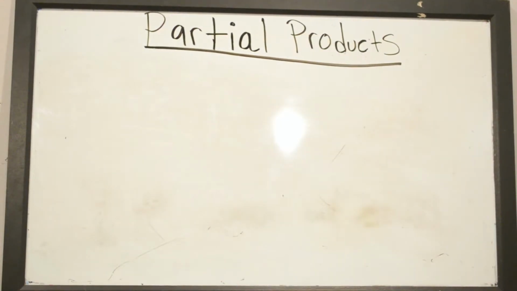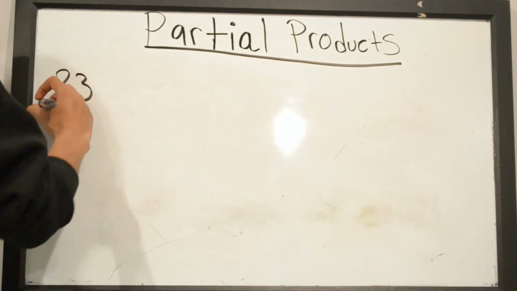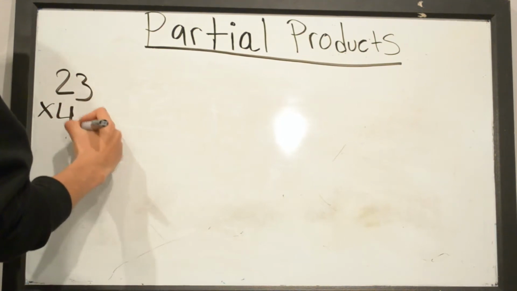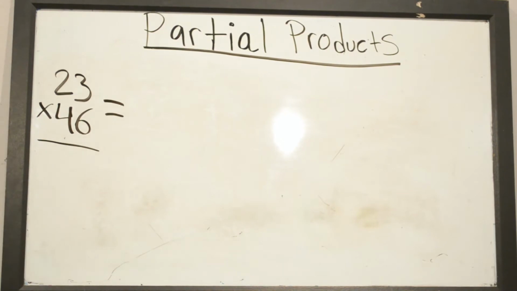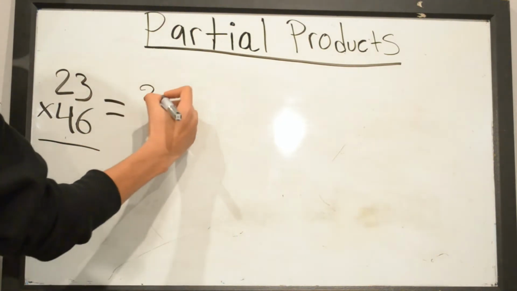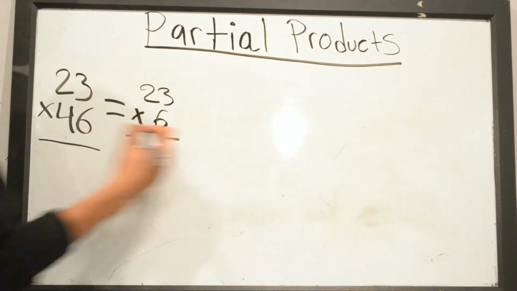For our second example for expanded distributive property method, we have 23 times 46. So for our first step, we multiply 23 times 6.